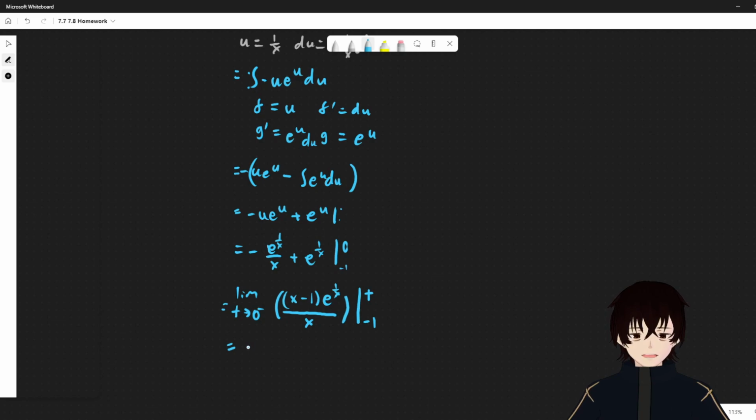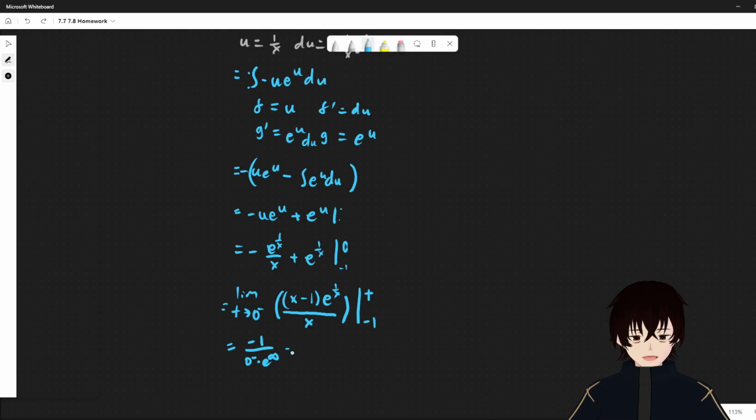So that is 1, -1 over 0 minus times e to the power of infinity. E to the power of infinity wins over the 0. Therefore, that is 0.